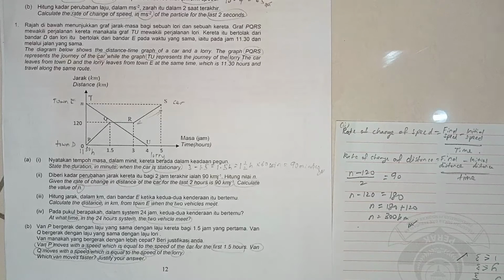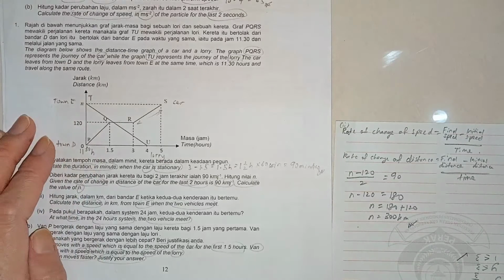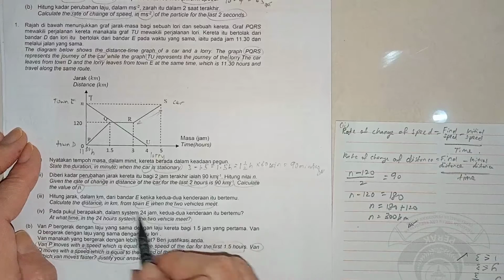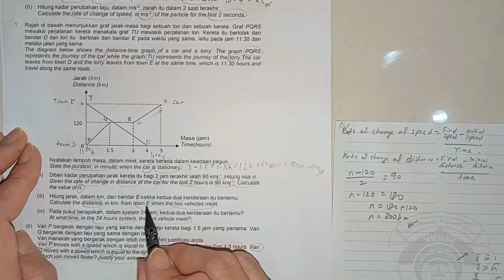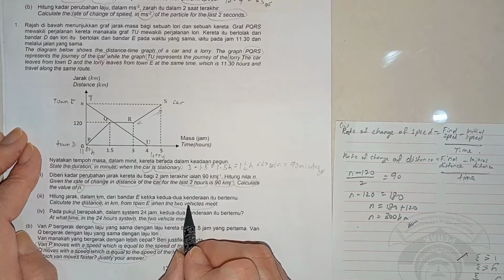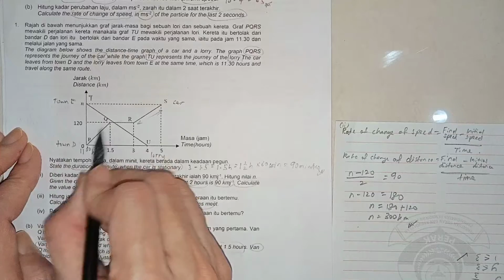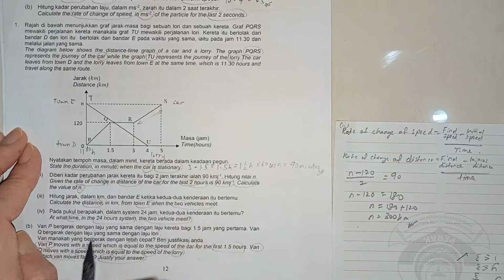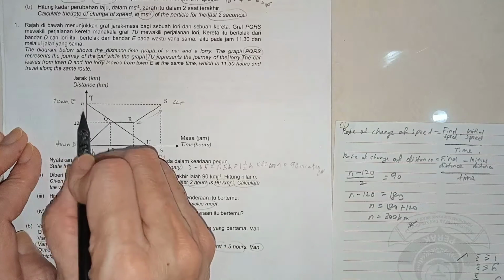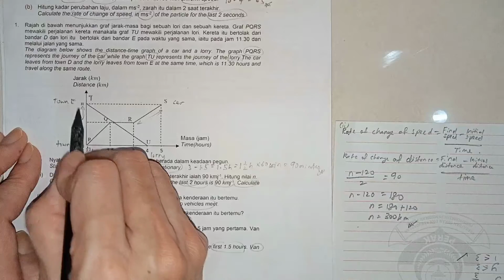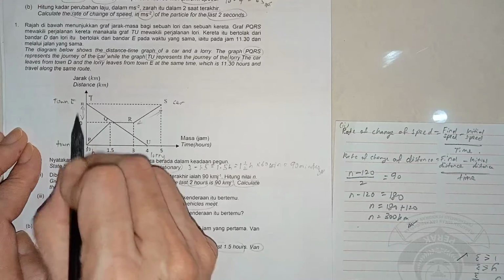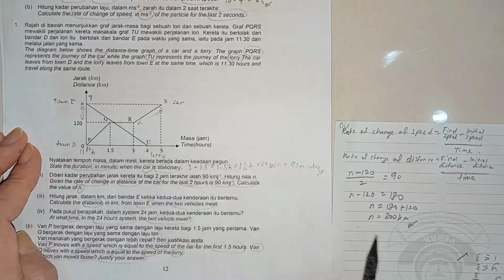After getting number 2, we proceed to number 3. Calculate the distance from town E when the two vehicles meet. From town E, the two vehicles meet here, which means the distance is here from town E. So calculate here, not like this, here. n is just now 300.